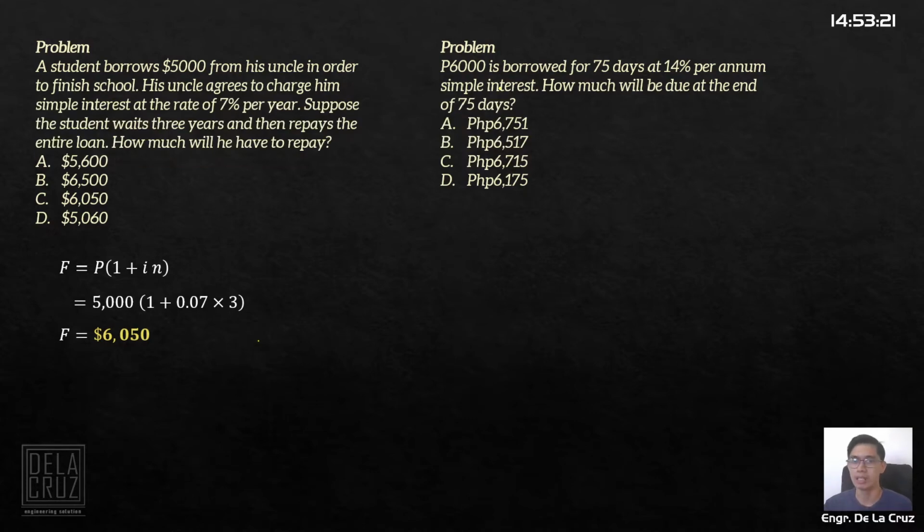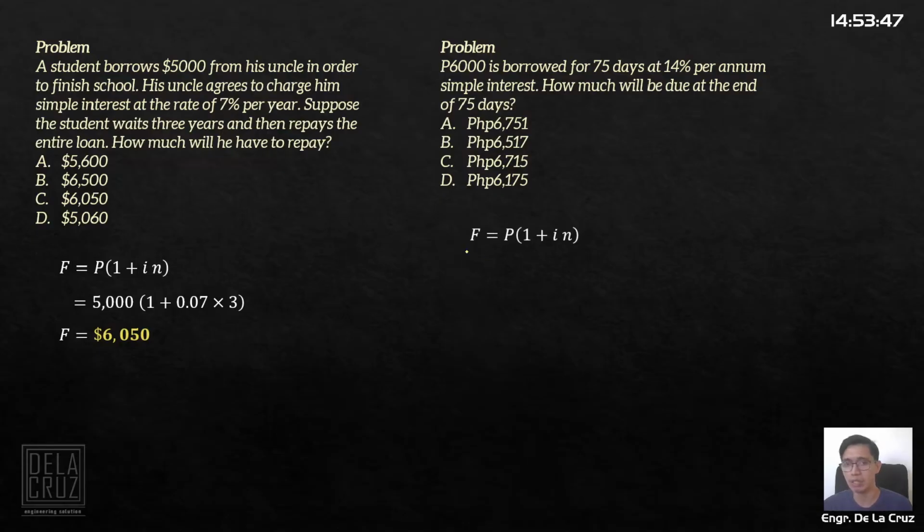Alright. Dito. 6,000 is borrowed for 75 days at 14% per annum. Simple interest. How much will be due at the end of 75 days? Still, yung hinahanap natin dito is the future amount at the end of 75 days.